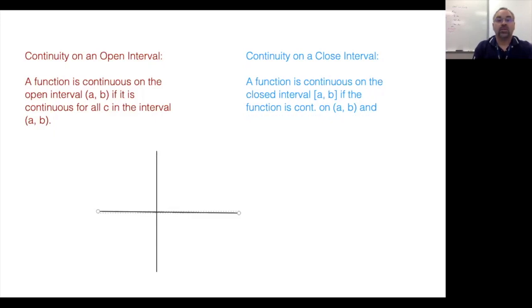So let me draw my standard graph here. And here's a. Oh my goodness, I have the hardest time drawing straight up and down on this thing. A, and here's B over here.